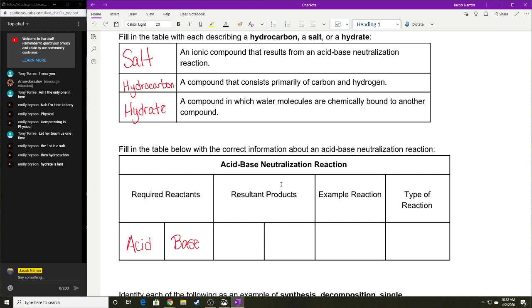The products are going to be what I talked about already. One of them is going to be a salt. And the other one is going to be water, because what an acid and a base do, because they're opposites of each other, is they neutralize each other.